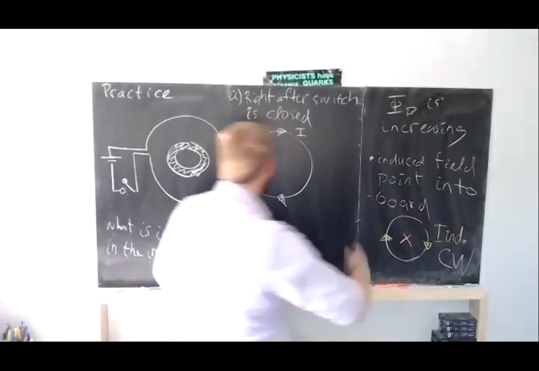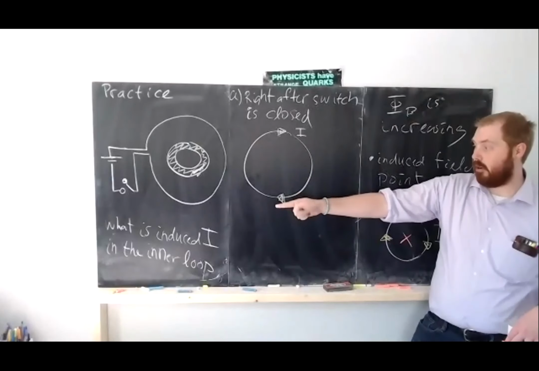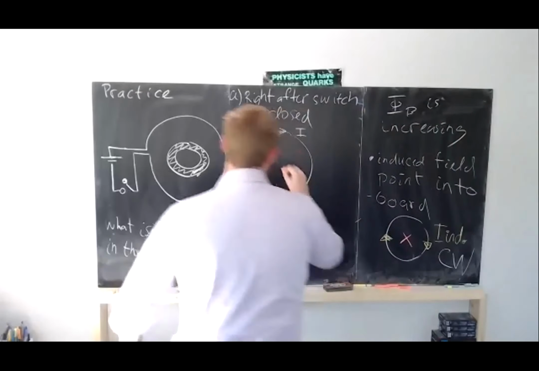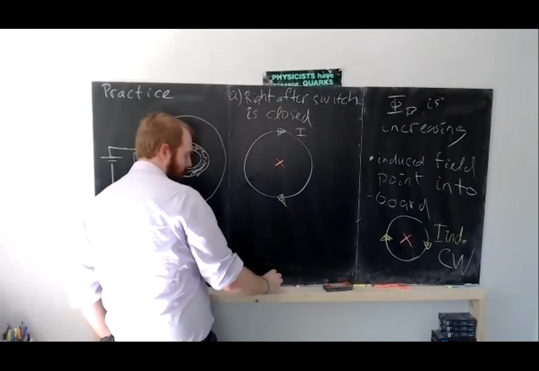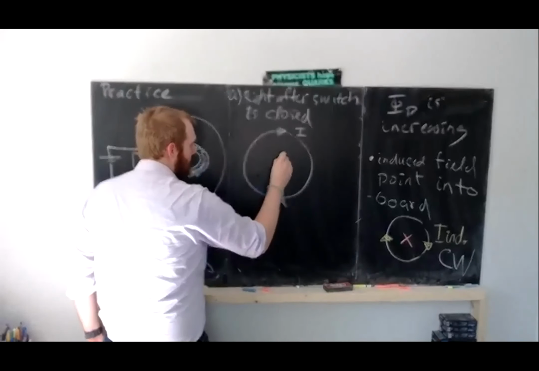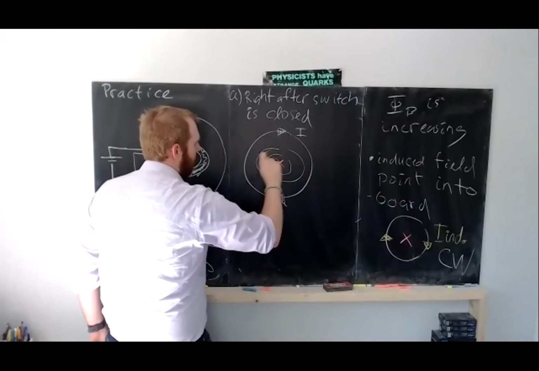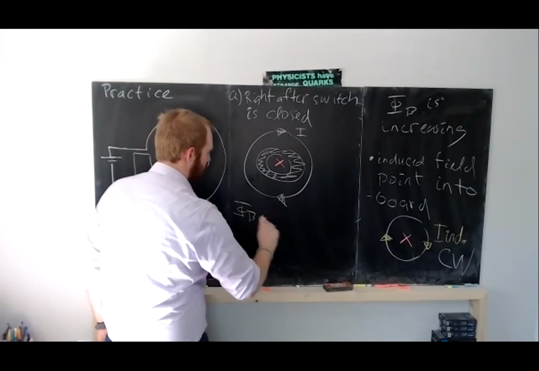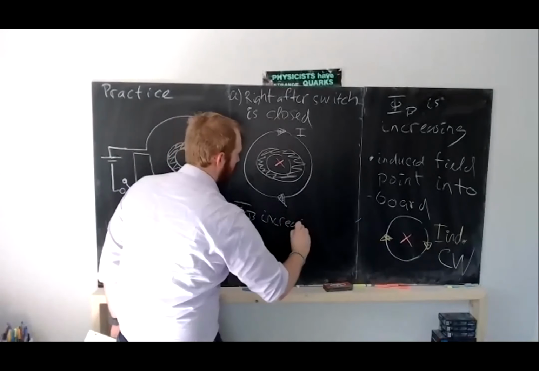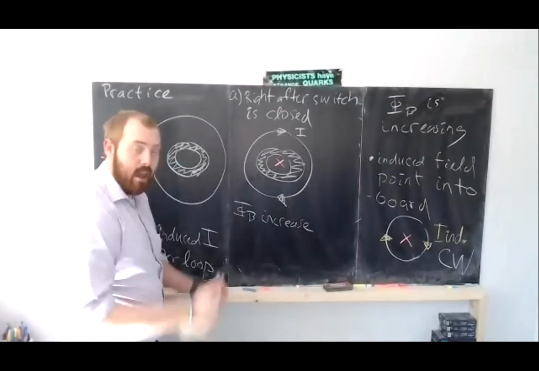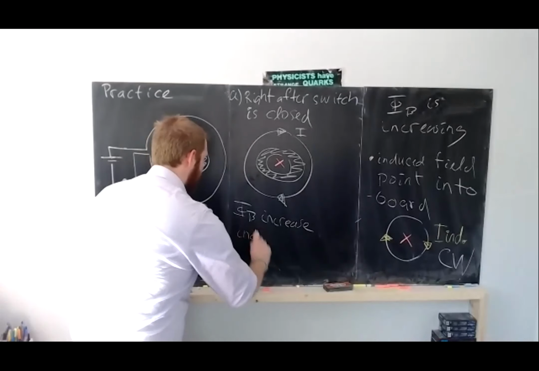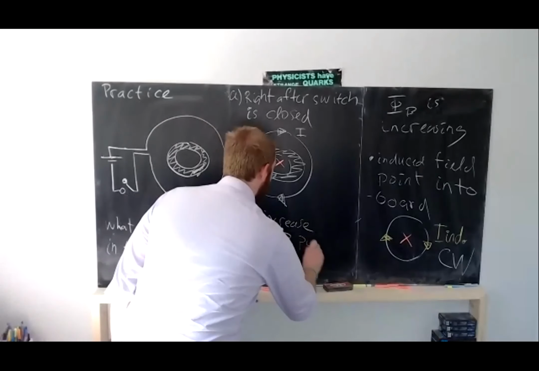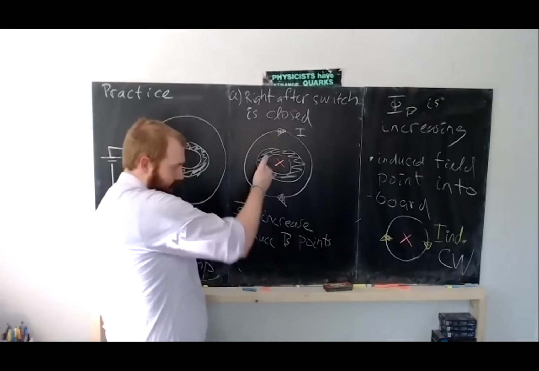That's creating a magnetic field. Direction of current, inside the loop, boom, inside. So I see magnetic field created that way, and that's going through our little inner loop. So flux increase. The induced magnetic field points out.